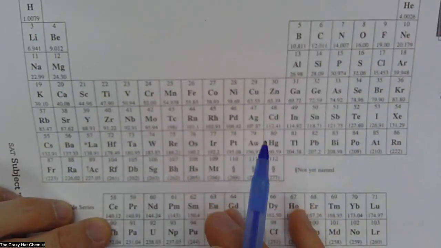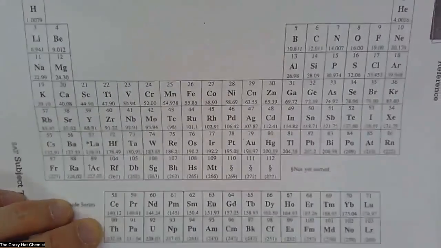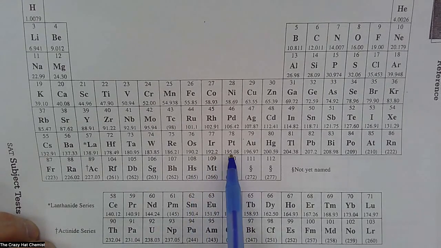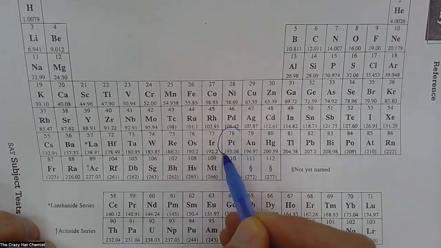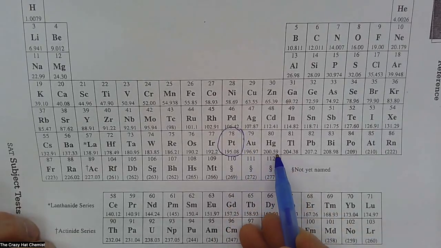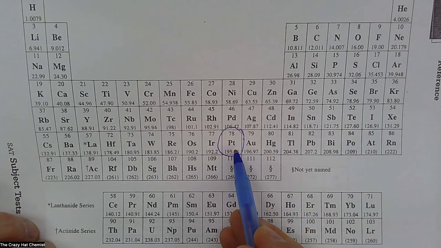Here's a periodic table. Let's zoom on in here and make this focus. There we go. So platinum, 201, where are we going to find it? There is platinum right there. It's not quite 201, which is right around this region, but you should see that there is platinum.